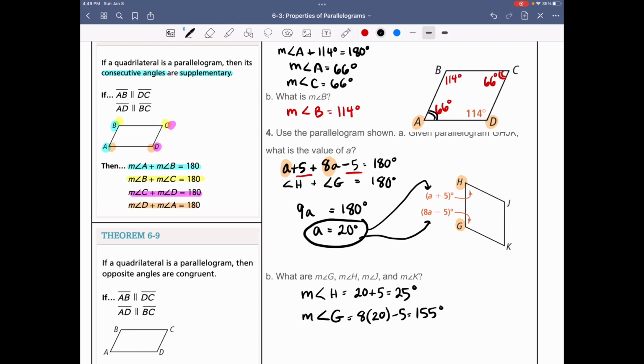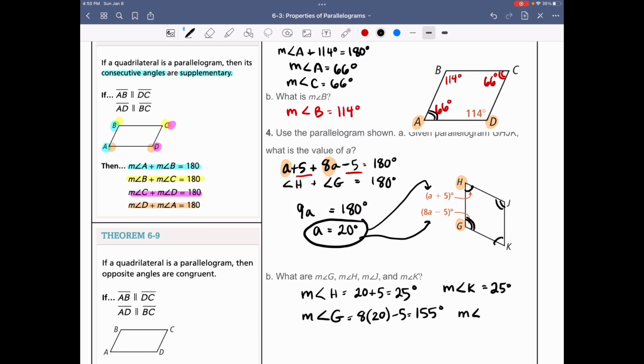So then which ones are congruent? So H is congruent to K. And that comes from the next theorem that we're going to talk about, that opposite angles are congruent. So the measure of angle K also equals 25 degrees. And then the measure of angle J is going to be congruent to angle G because they're opposite.